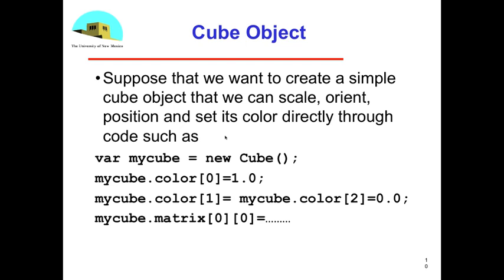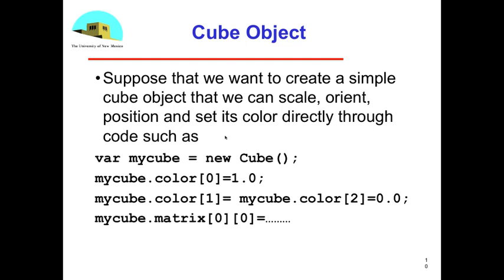So you inherit automatically all these methods from its prototype. Now you can create prototypes for a cube, which would say be a cube that automatically had white as its color and was centered at the origin with its sides parallel to the axes. Very simple. That would be your prototype cube.